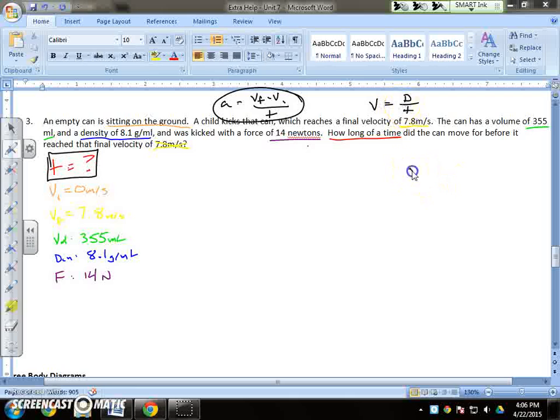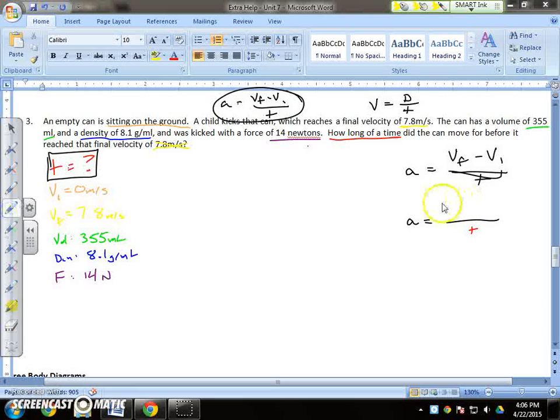But I like starting with A equals VF minus VI all over T. Okay. In the process of that, I know that acceleration equals that. We are searching for time, so we'll throw the red T there. VF is going to be our 7.8 meters per second minus VI of 0 meters per second.